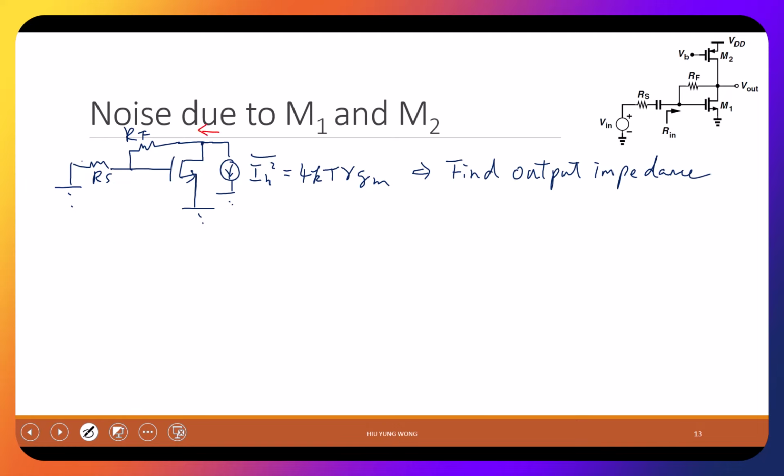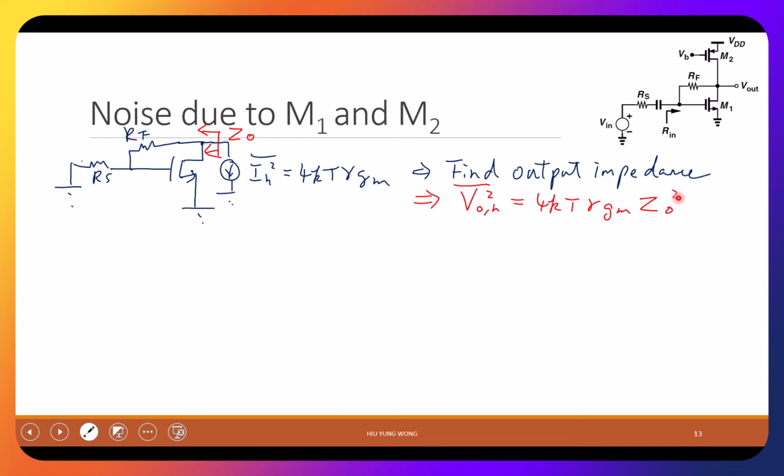Then V out N squared equals 4kT gamma GM times Z out squared.